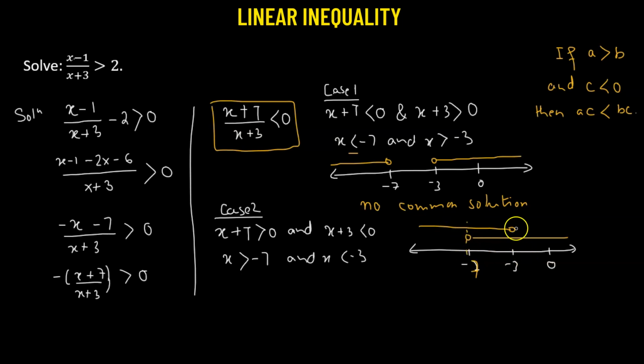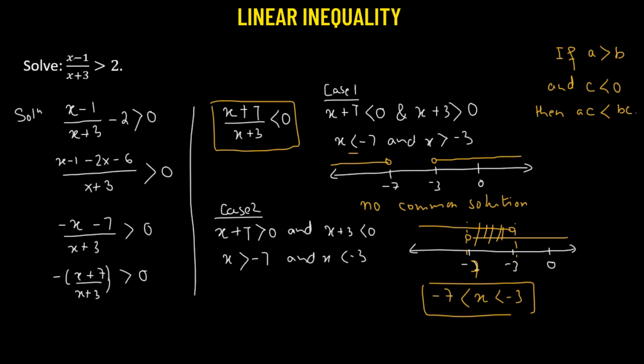Now here we can clearly observe that there is a common region. So that means if we pick a value of x between negative 7 and negative 3, it's going to satisfy our case number 2. So we have x which is going to be greater than negative 7 and less than negative 3. So this is the solution, since we do not have any solution from case number 1. So this is the only solution to our given linear inequality.